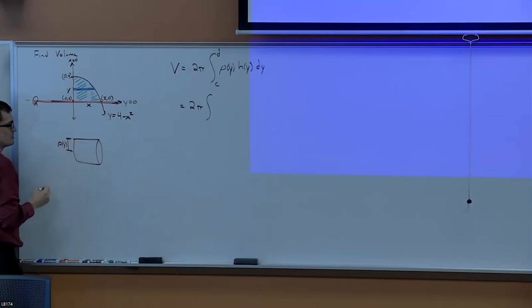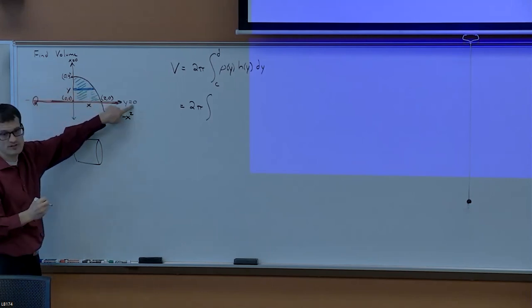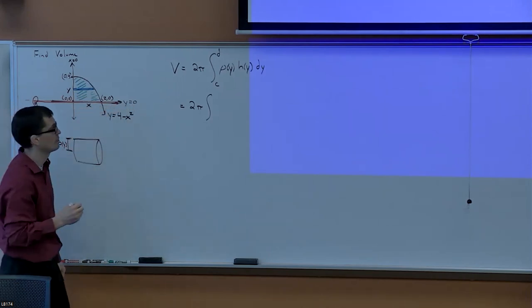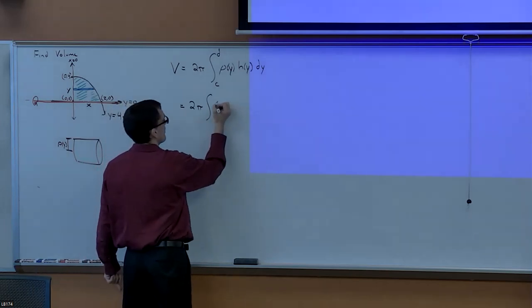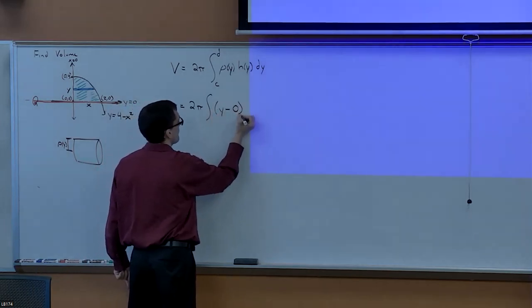So radius in the shell method, again, that symbol there is rho. I don't say that a whole lot. I use radius more than rho, but rho means radius. So it's an arbitrary y value down to y equals 0 because I'm rotating around the x-axis. The x-axis is y equals 0. So arbitrary y value down to 0.